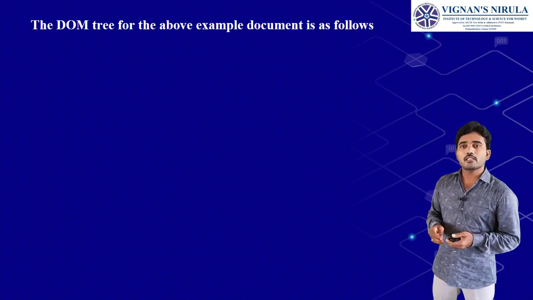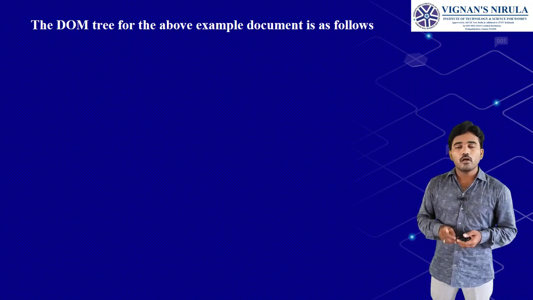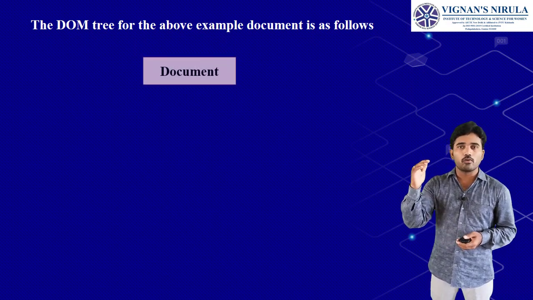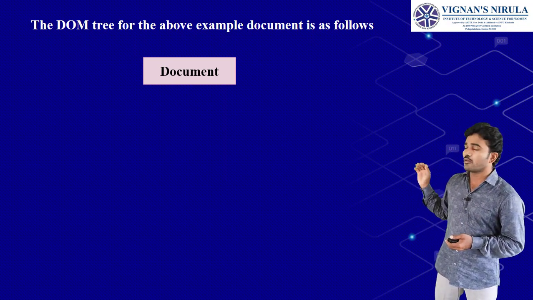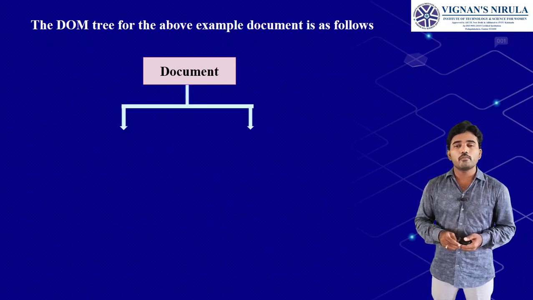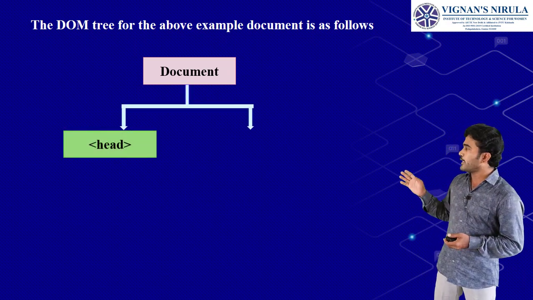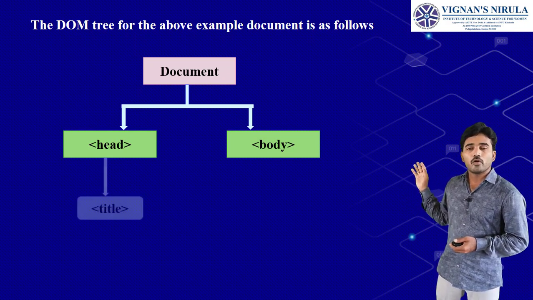So for the previous example, how do we write the DOM tree? As I told you already, first you need to write the root node, which is the document. So here we have written the document. For that HTML document, you have two child elements: one is the head and the next one is the body.